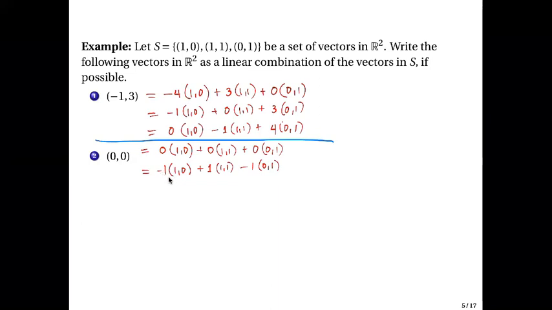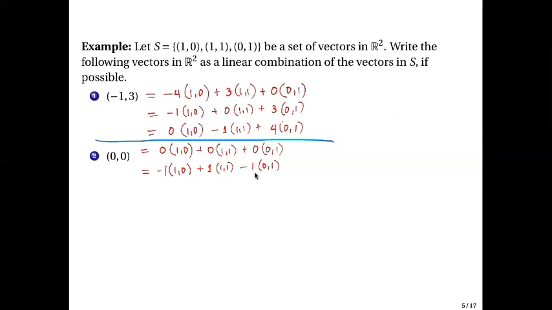I think this should be 1/2 instead of 1. Oh, yeah, it should be 1. Sorry, it should be 1. So if you notice, you have -1 + 1, that's 0, and then +0, that's again 0. And then you have 0 + 1, then -1, the second component is also 0. So this is another linear combination.